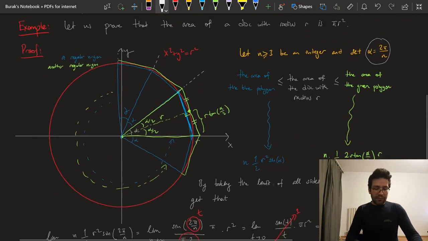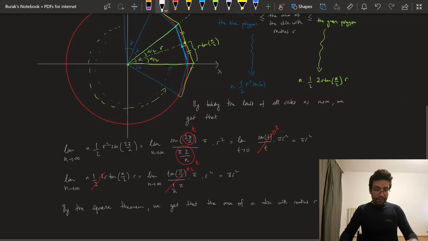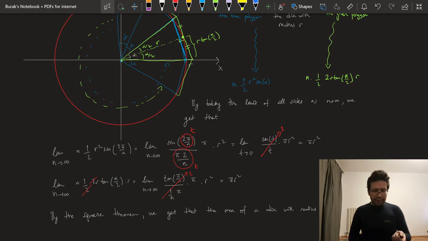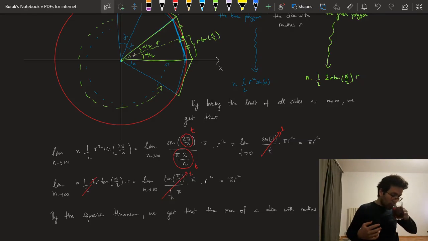And that's it. We just derived the area formula for a disk. Now, why did I do that? Like, what did we do here, really? What we did is this.